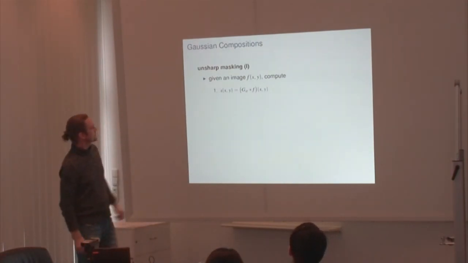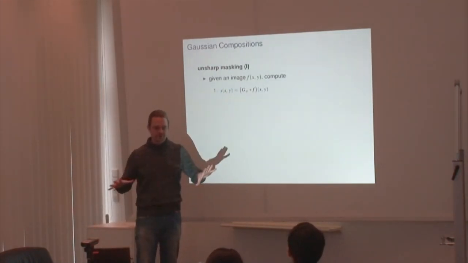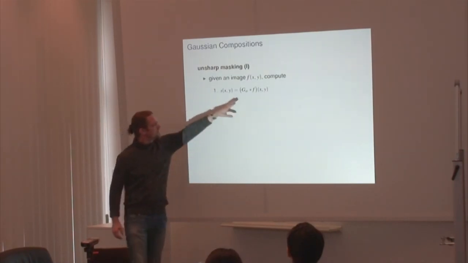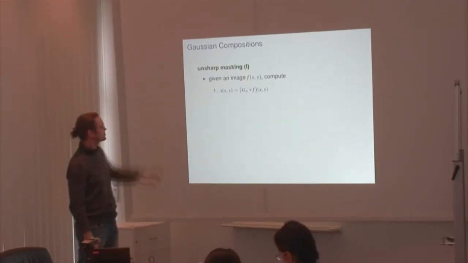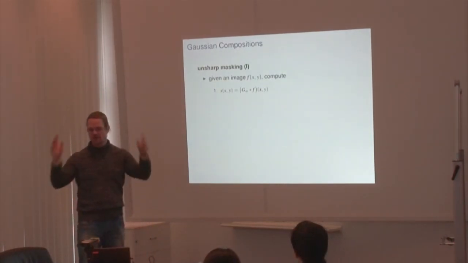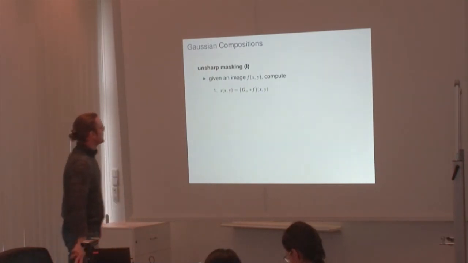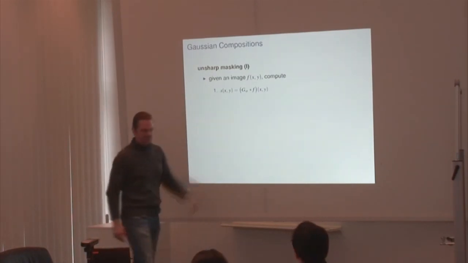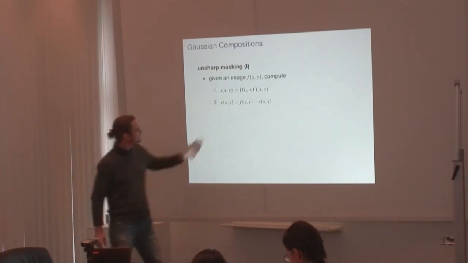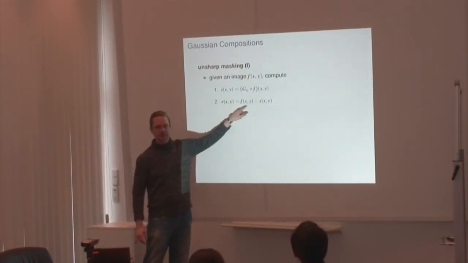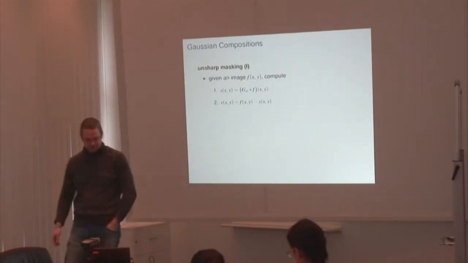What we are given here is an image and we convolve it with a Gaussian. So we blur it, all right? And this blurred image I call S. And I don't know why I switched to parentheses rather than brackets, but it doesn't matter. By now you should be used to my switching notations. Given an image, we blur it, the result is called S. And then we compute the difference between the image we were given and the newly created blurred version, and this is called R, as in residual.